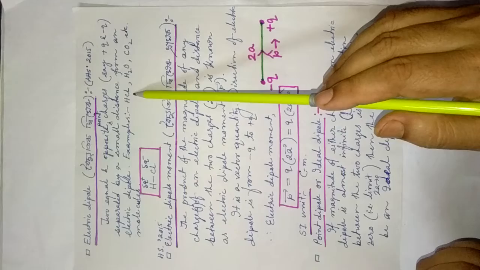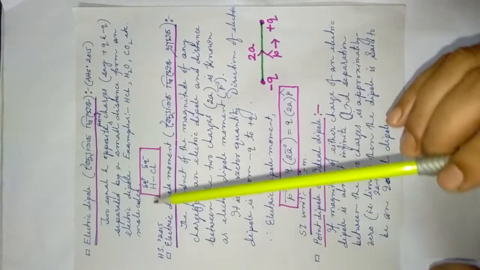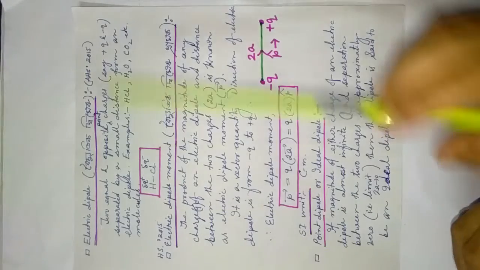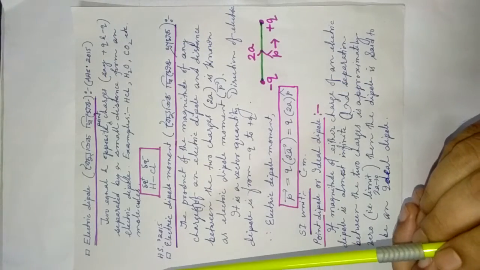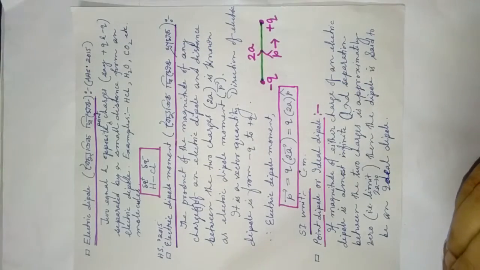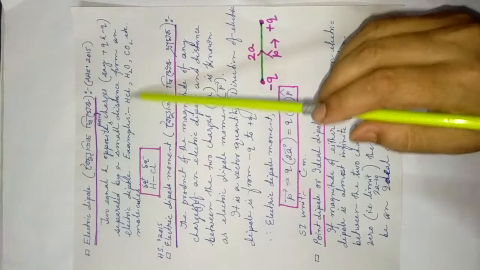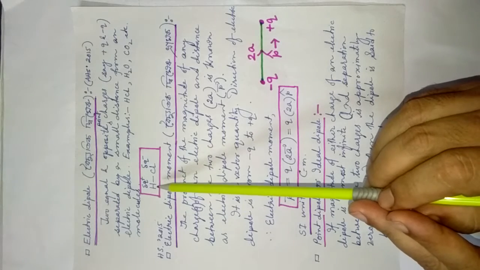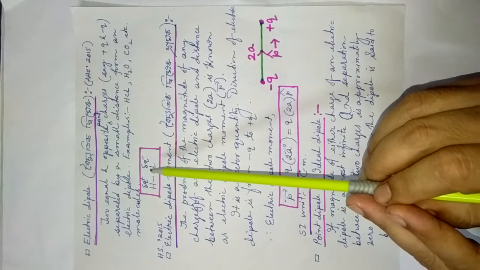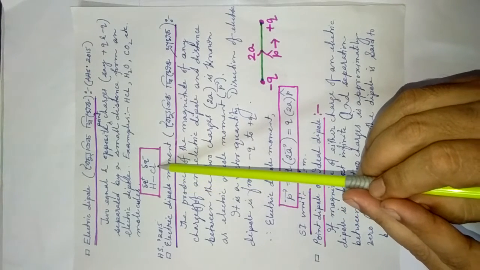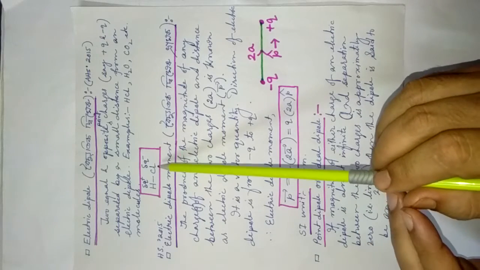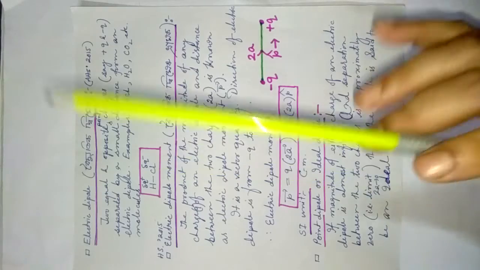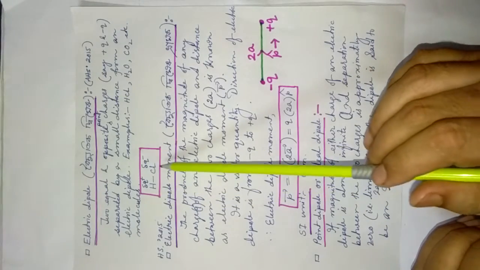For example, hydrochloric acid molecule, H2O water molecule, carbon dioxide molecule. I think you have got this concept in chemistry. For example, HCl. What happens in HCl? Hydrogen having less electronegativity and chlorine having more electronegativity. That means the nucleus of chlorine has more positive charge, because more number of protons are there.